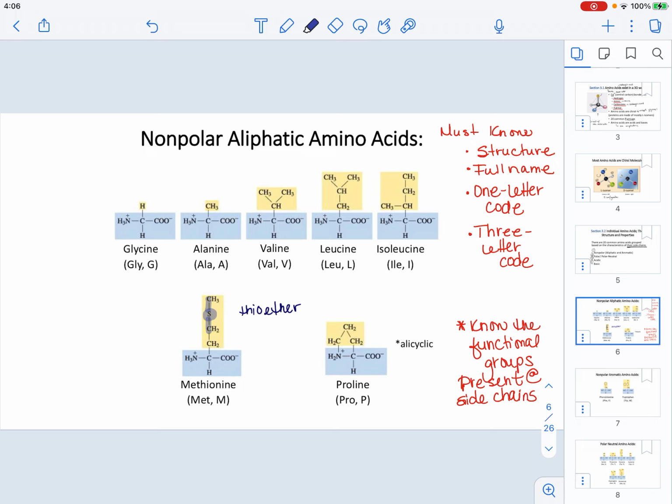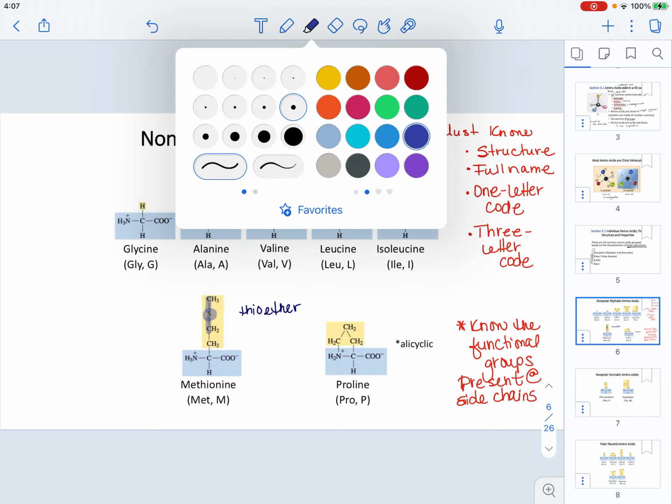Now, as part of the nonpolar aliphatic amino acids, understand that we also have proline. Proline is going to be one of the only amino acids out of the crew in which the R group is bonded to the amino group within the amino acid. So I'm just going to highlight it to illustrate it.